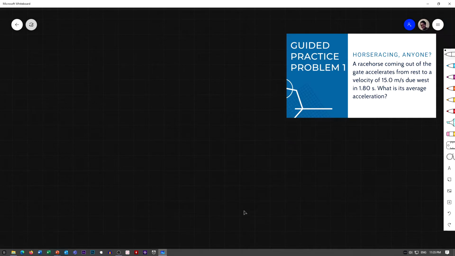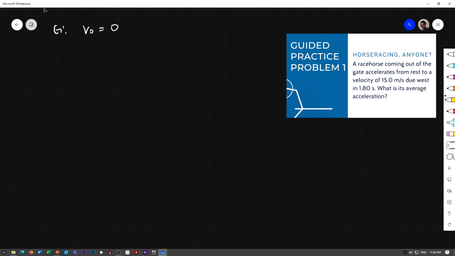So let's write our given. First we have initial velocity. Okay, sir, where's our initial velocity there? It is here, v sub 0. You accelerate from rest, so starting from rest, you have a change in velocity. That's why it's acceleration, right?